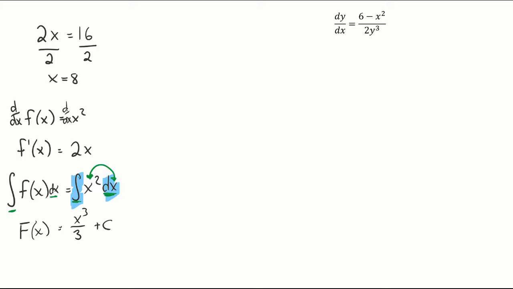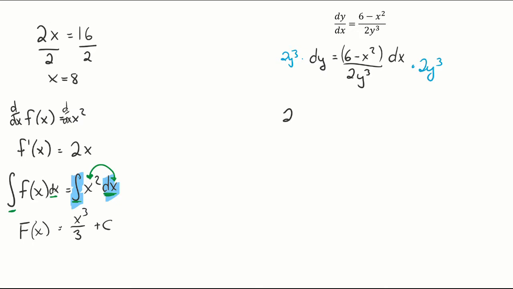So looking at this equation, I'm going to first multiply by dx. Once again, we see the beauty of Leibniz notation in that we can separate that dy over dx as a sort of fraction. And then I still have a y on the right side, so I'm going to multiply both sides by 2y cubed.